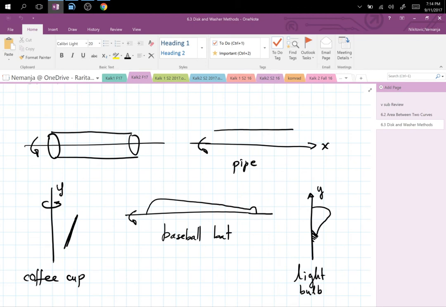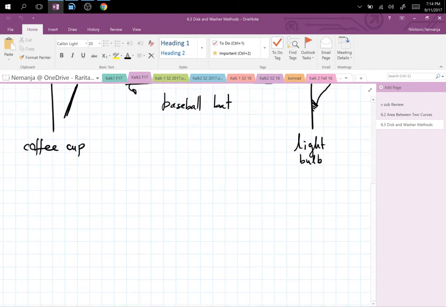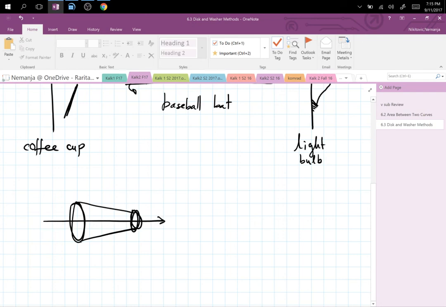So let's dissect the, let's say, coffee cup. I'm going to take the coffee cup and put it sideways, like this, and think about this object for a sec. If I place the object on the x-axis, cutting it will give me the intersection, and I'm cutting there a very thin disk.